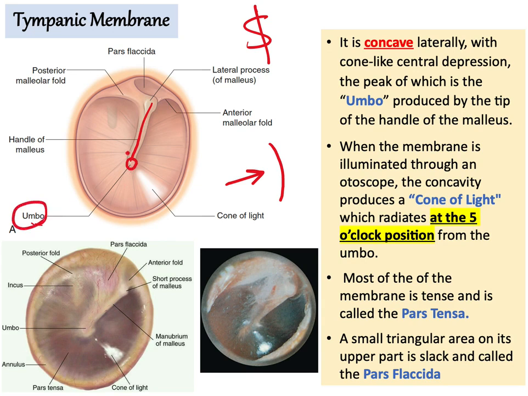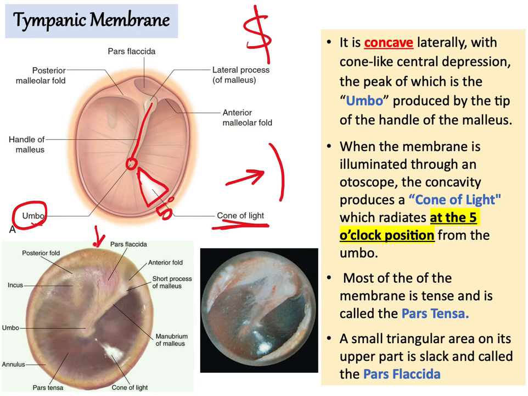This is number one. Number two, you're looking again into the patient's ear with the otoscope and light, and you will also find in that view this triangular cone of light at the 5 o'clock position. We call it the cone of light.